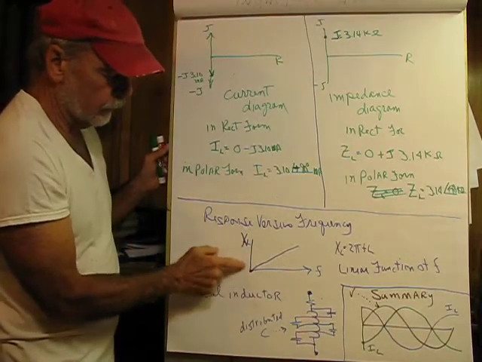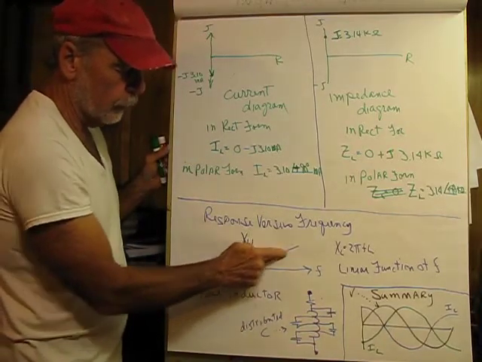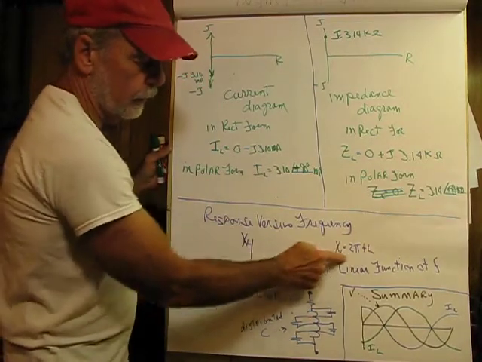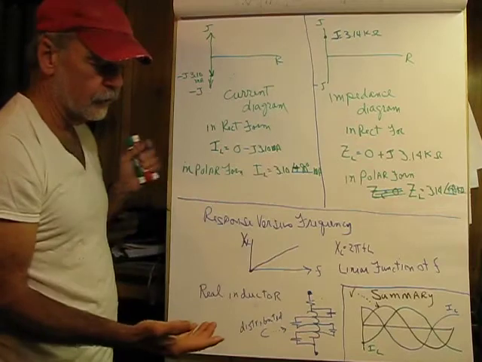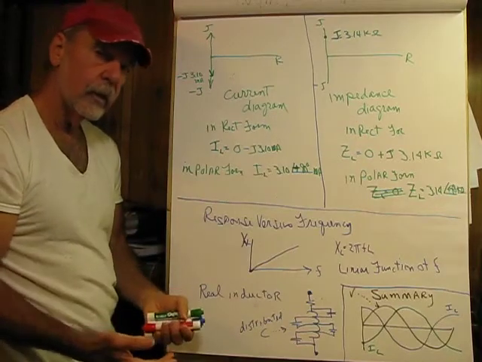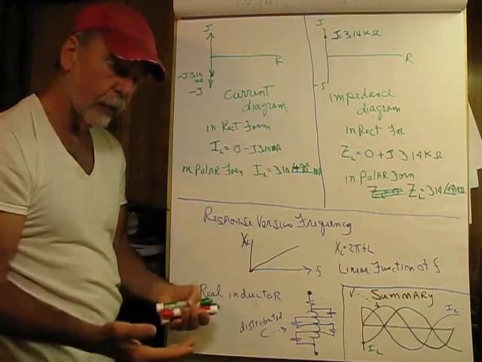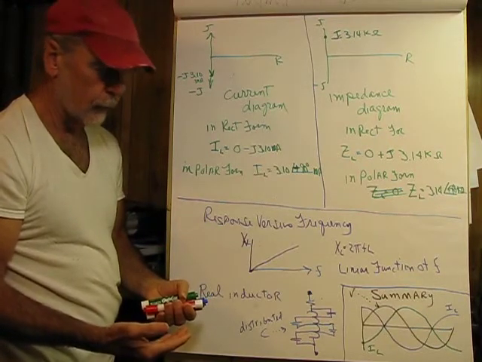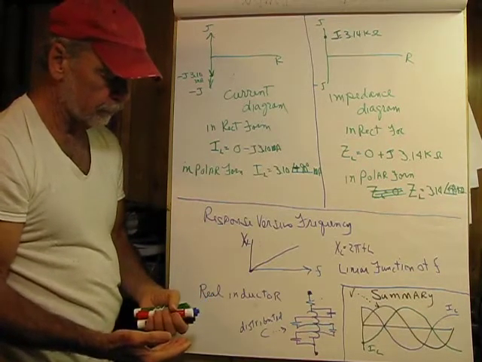And what we see is that X sub L is directly proportional to frequency. And we might expect that because we do not have any reciprocal relationship like we did in the capacitors, which led us into an asymptote, which led us into using limits.